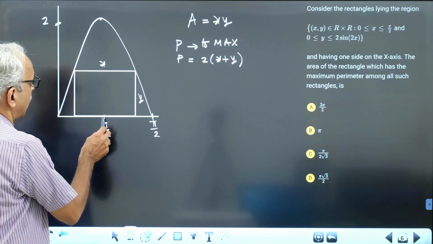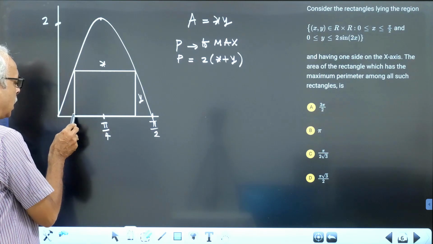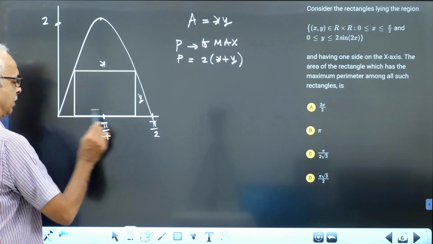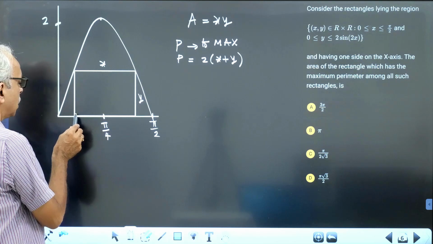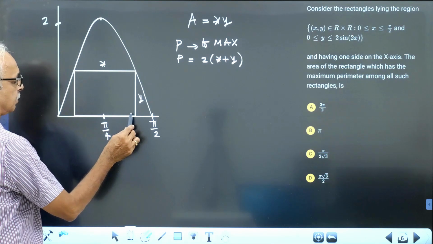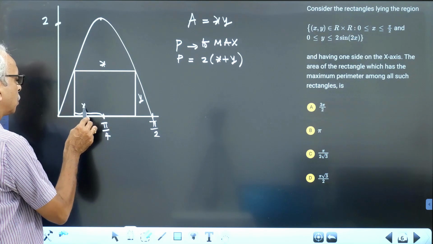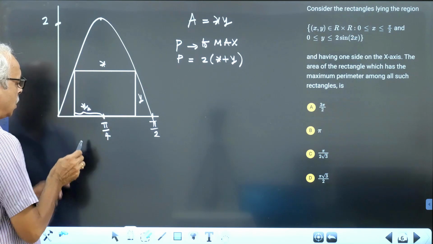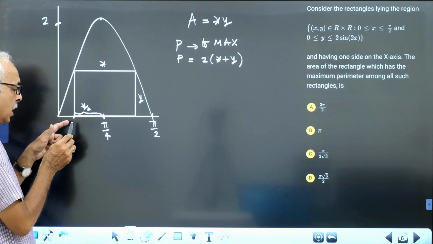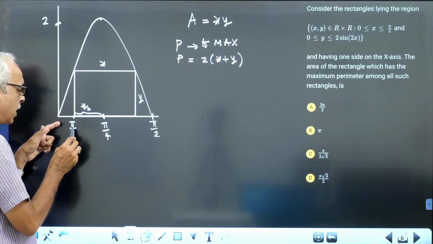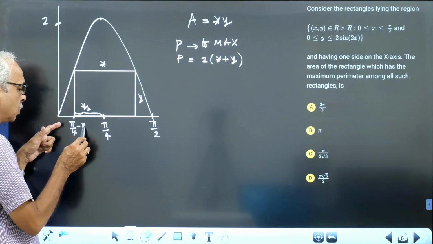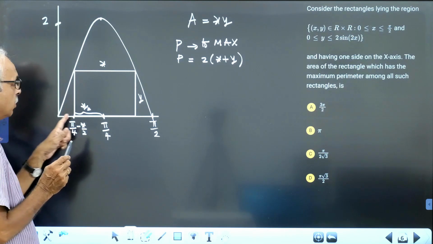Now, this is pi by 2, pi by 4. And you know the value of this is x. The whole thing is x. But what will be the value of this? This length will be x by 2. Therefore, what will be this point? This will be pi by 4 minus x by 2. This will be the x coordinate.